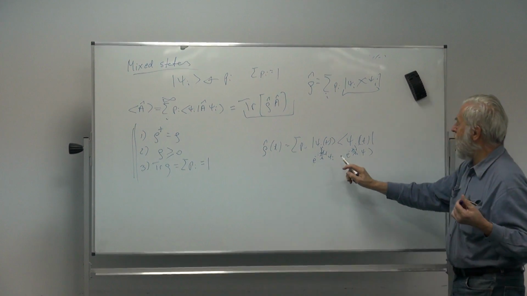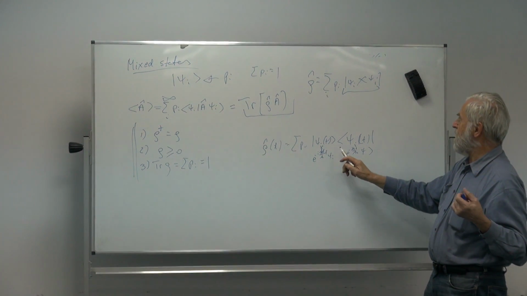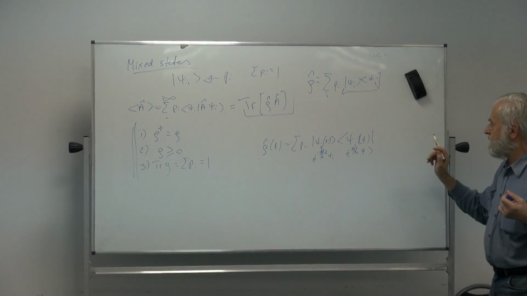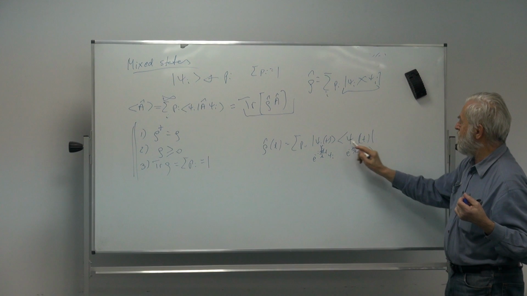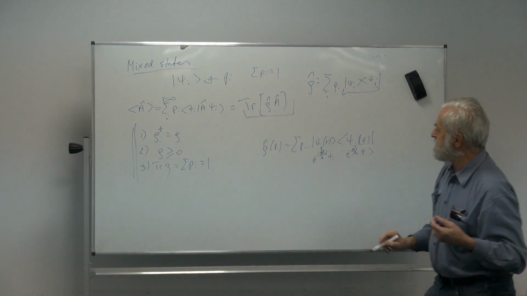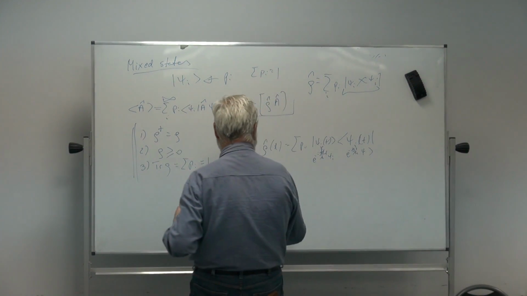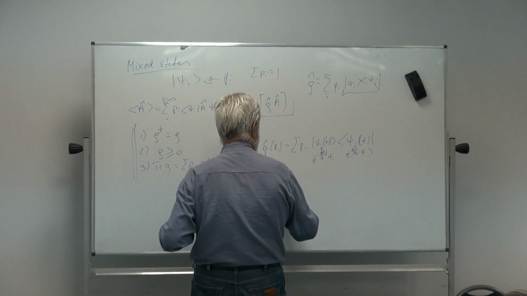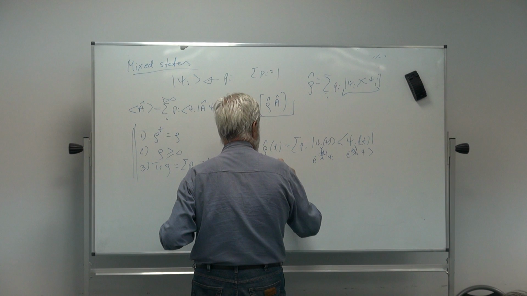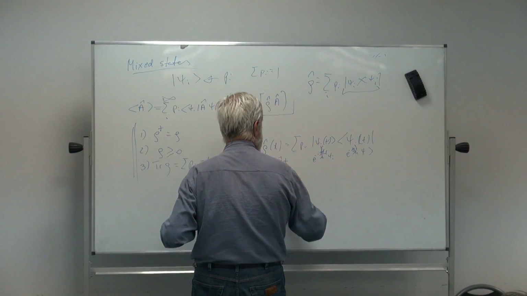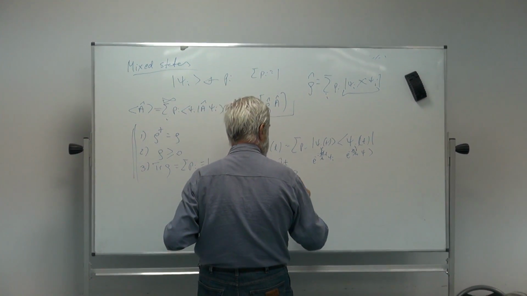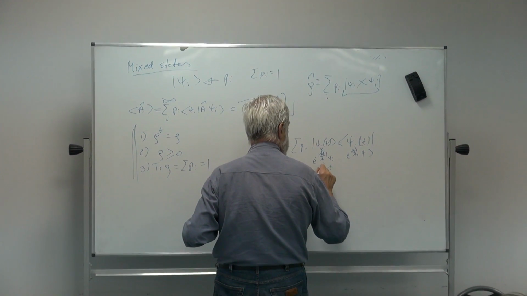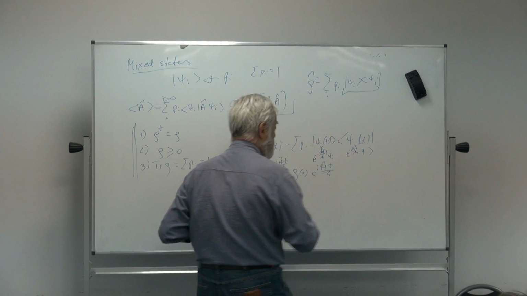So we can pull out this guy on the left and this guy on the right, remembering that this was conjugate, so there will be a change of sign, and rho of t will be equal to e to the minus iHt over h bar times rho of 0 times e to the iHt over h bar.